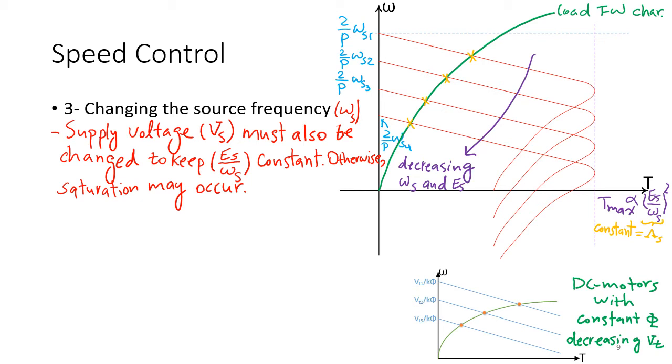One of the most important advantages of this method is that it is continuous. You can virtually achieve any speed or torque on the load torque characteristic that you want. The other advantage of this method is that it is very efficient.